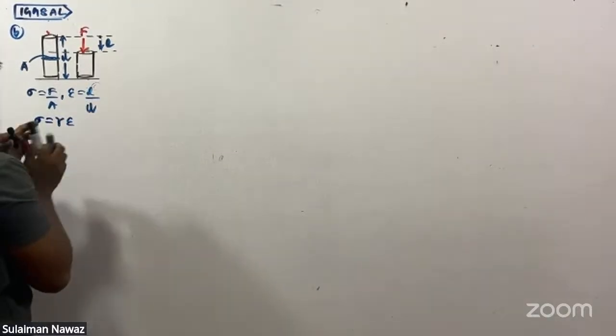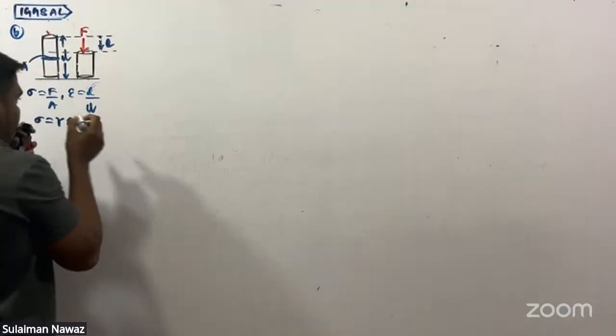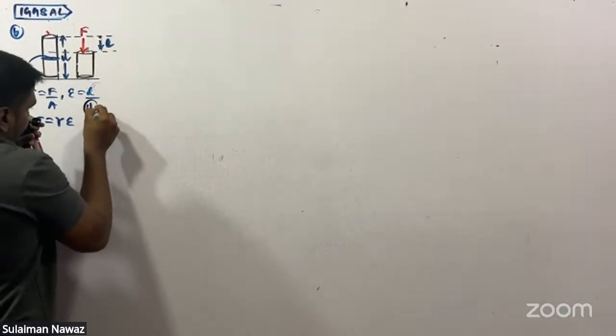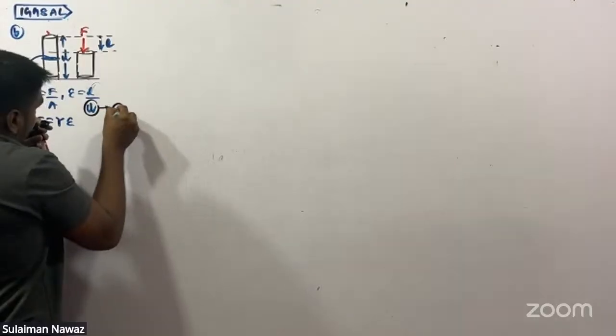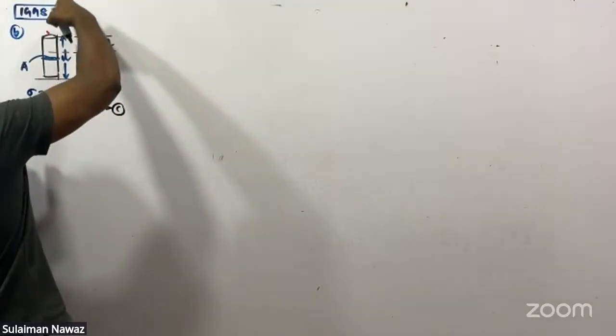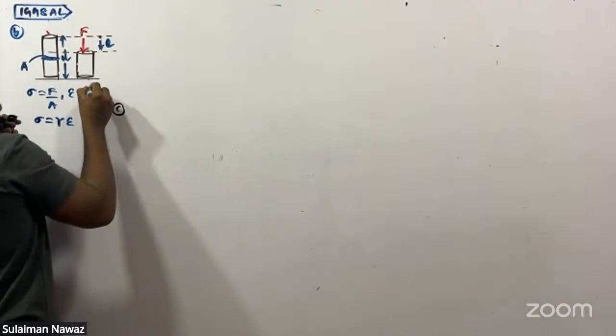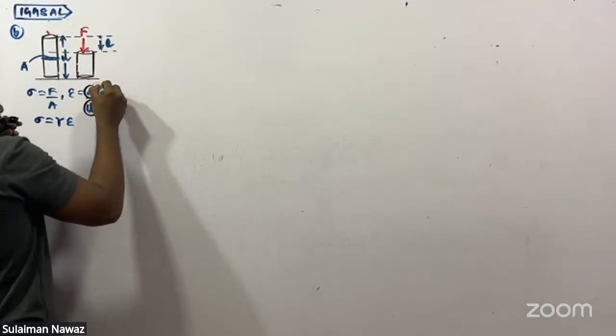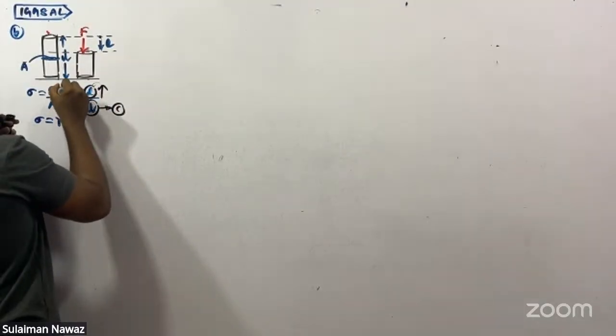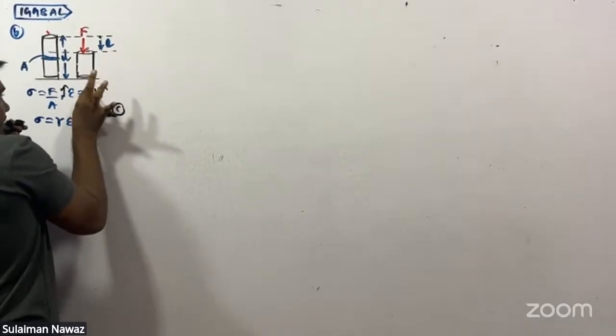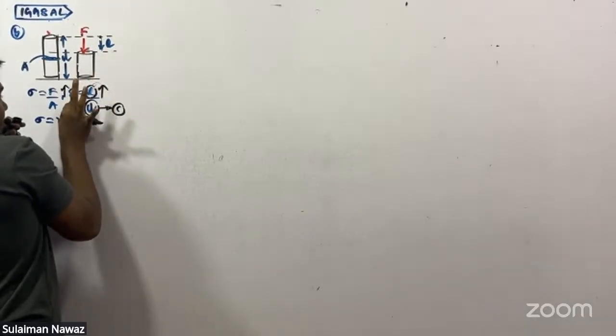In this scenario the natural length is constant, but when you compress the bone, the compression increases, and as a result the strain increases.